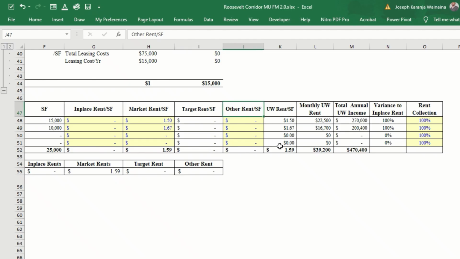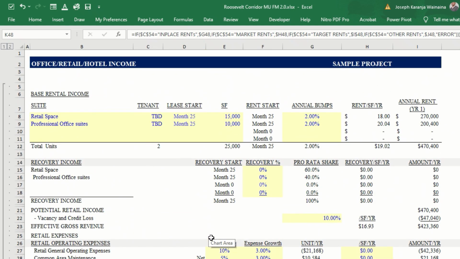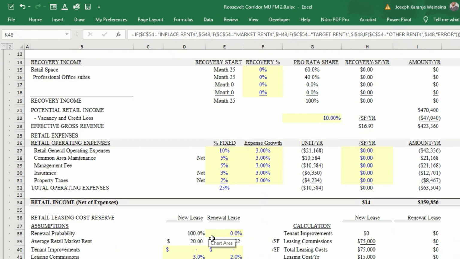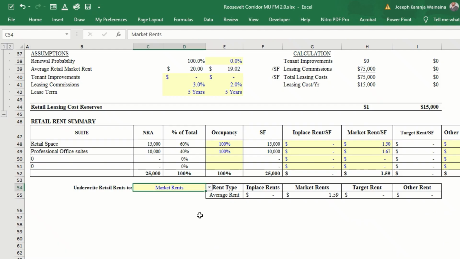So in case of any other rent income expected, the underwriting rent will be the market rent, because we're going to underwrite against the market rent, and we can specify on this section which rents we are going to underwrite the project to.